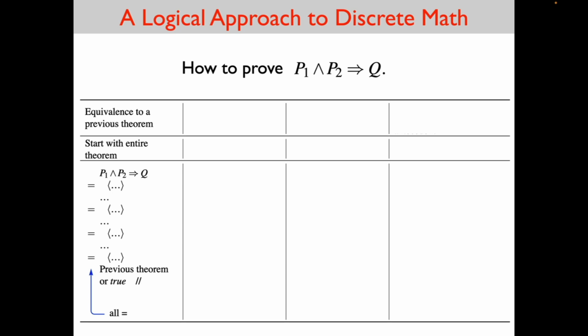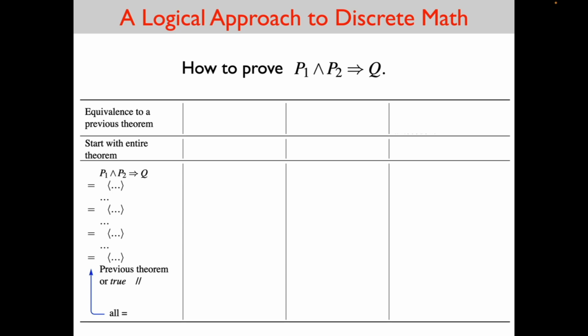We would start with P1 and P2 implies Q, and then we would do some hint and get another expression, and do some other hint and get another Boolean expression, and so on, and eventually we would get it to a previous theorem or true, because true is a previous theorem for most of the theorems in our system.